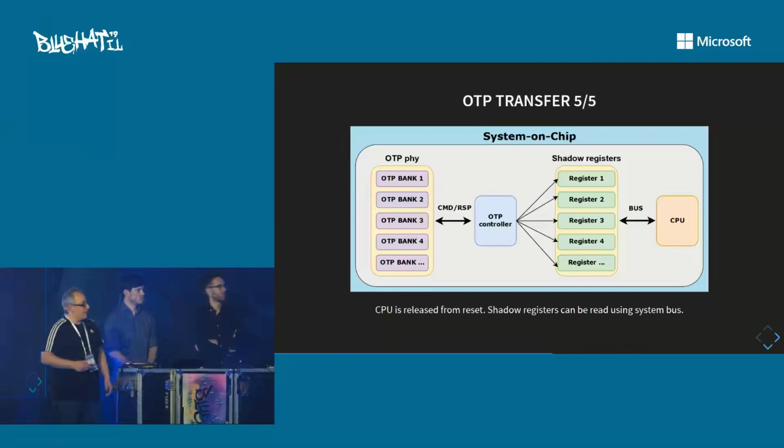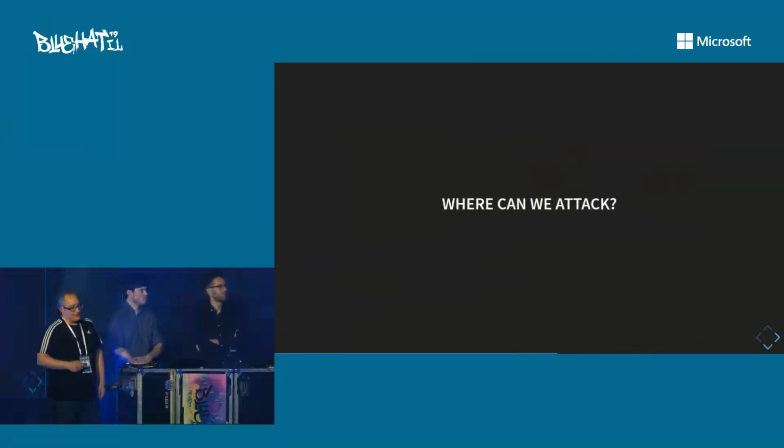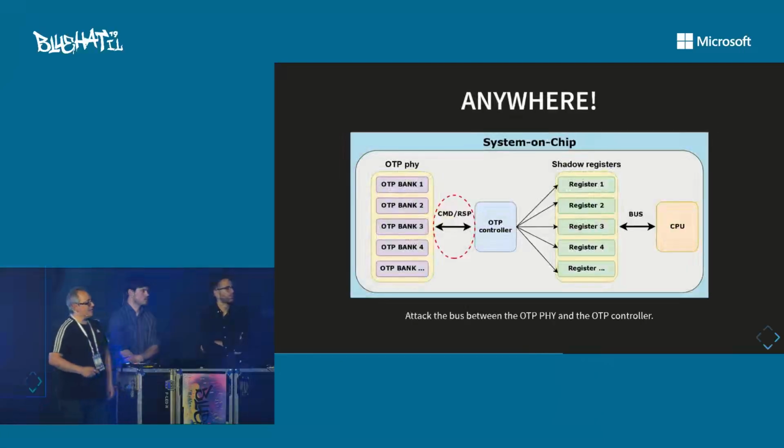So let's keep in mind that fault injection can alter the behavior of the chip, not only software, but also hardware. With this in mind, let's see where we can attack. In principle, while the bytes are being transferred, let's assume that you have a 1, which is set for secure boot enabled in the OTP main.